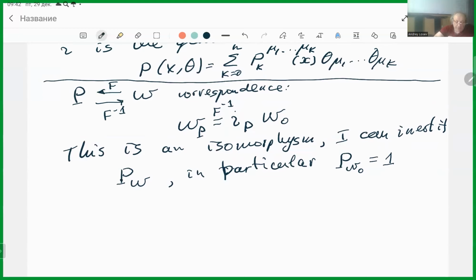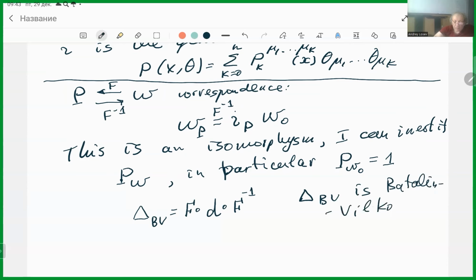I can do the following thing. I can take the de Rham operator and I will define the Batalin-Vilkovisky operator. Define like this.